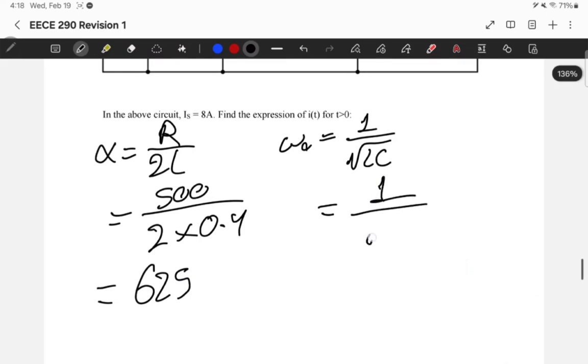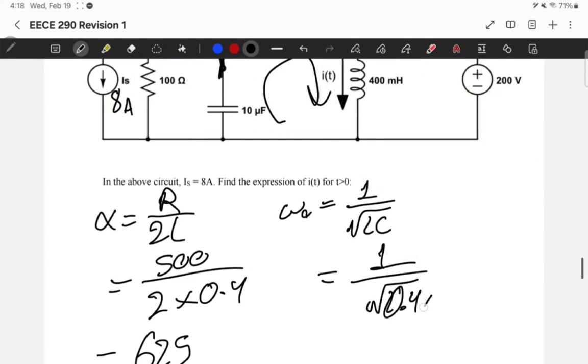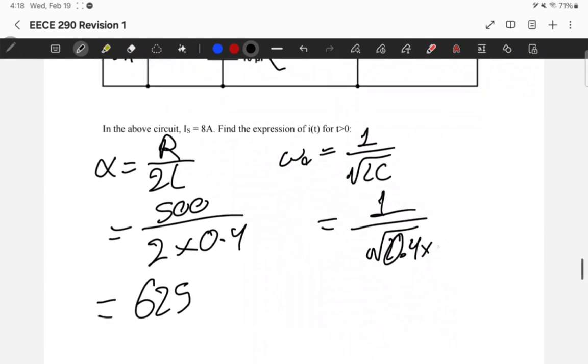Omega 0, which is 1 over square root LC, so L is equal to 0.4, times my capacitor, which is 10 times 10 to the minus 6. This is equal to 1 over square root 0.4 times 10 to the minus 5. So 500.